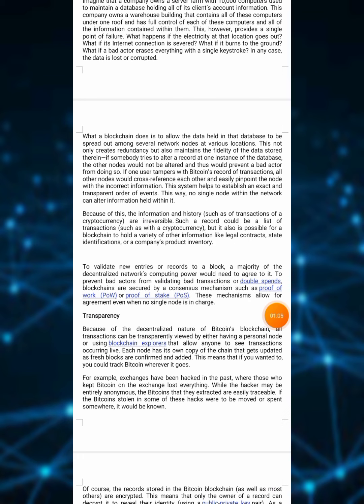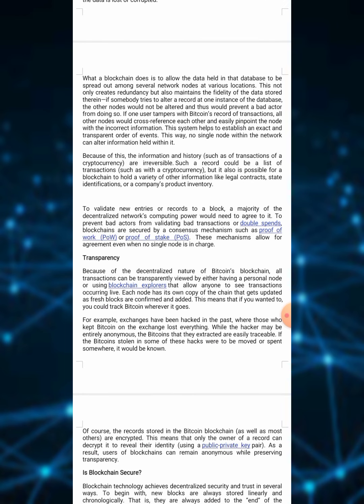Because of this, the information and history, such as the transactions of cryptocurrencies, are irreversible. Once the information is stored and the blocks are chained together, it cannot be reversed. But still, the transactions within a particular network are transparent, meaning that every user can see the transactions going on within the network.